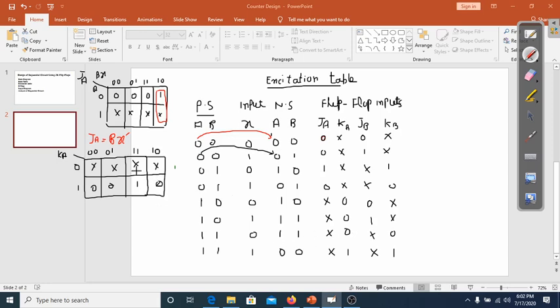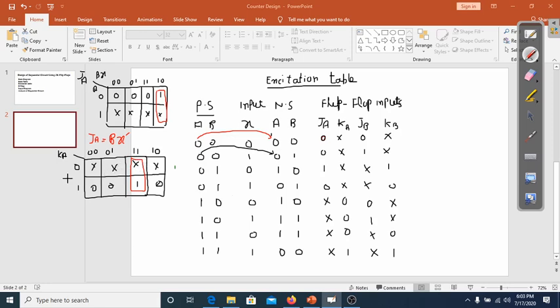So from this Karnaugh map we can simplify this column. We can group these two cells or boxes.